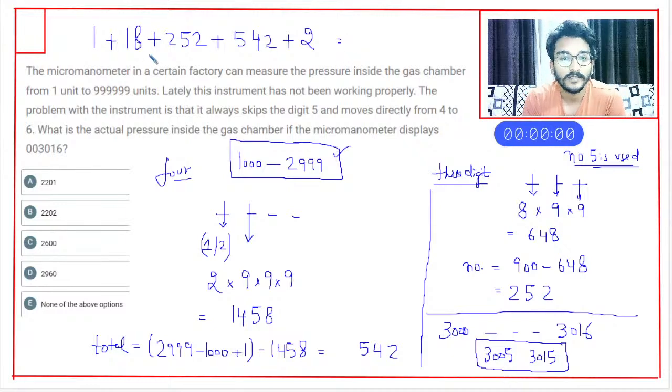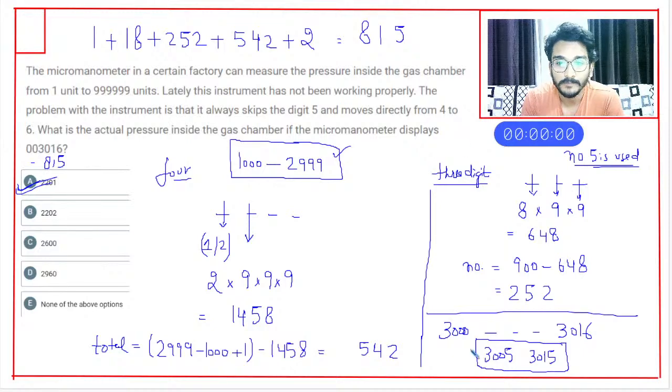It is 18 plus 252 plus 542 plus 2, and so on. Let's just subtract 815 from this number. So how much is it? 2201. So option A is the answer.